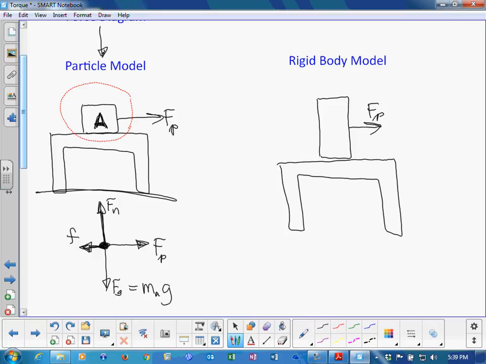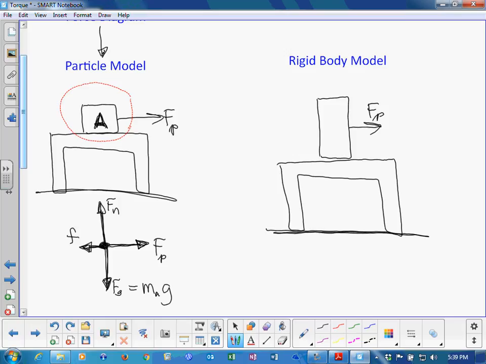In this problem we have the gravitational field, so the force of gravity by the Earth on block A pulls down toward the center of the Earth. What we've constructed here is what we've called in the past the force diagram for a particle.